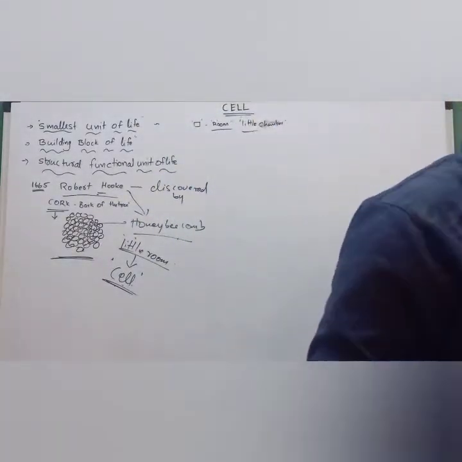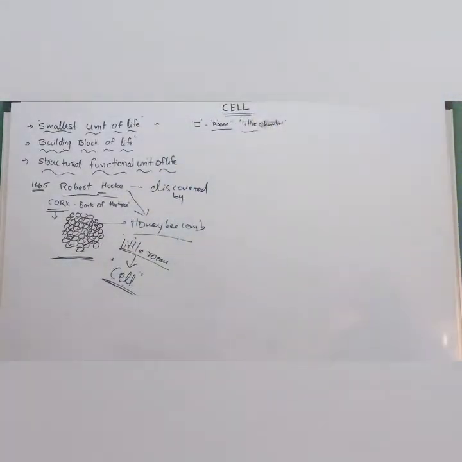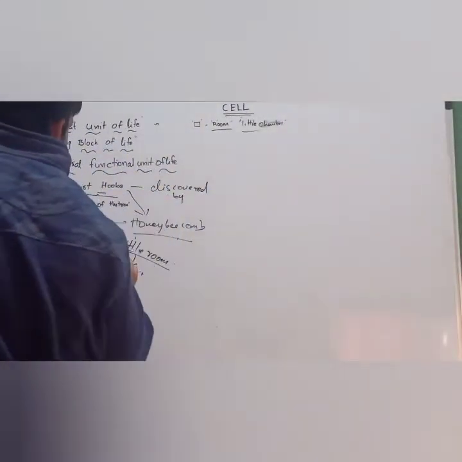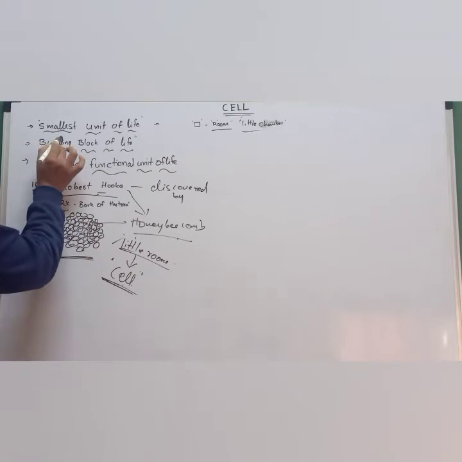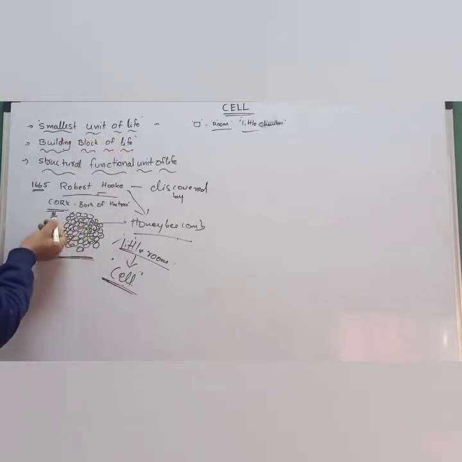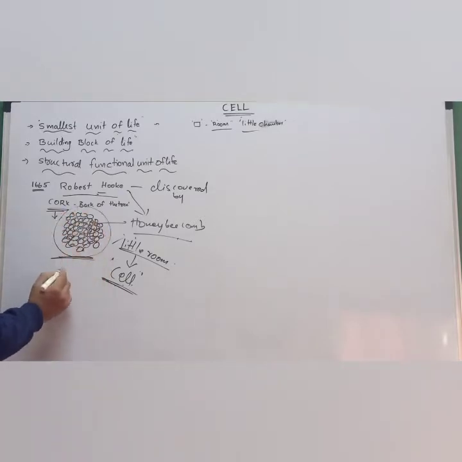He observed the cork cell, and in it he observed the smallest room-like structures. He first called them little rooms, and later he called them cells. A cell is nothing but the smallest room, the smallest unit of life. What is cork? Cork is a part of a plant. So the plant is also made up of small cells.